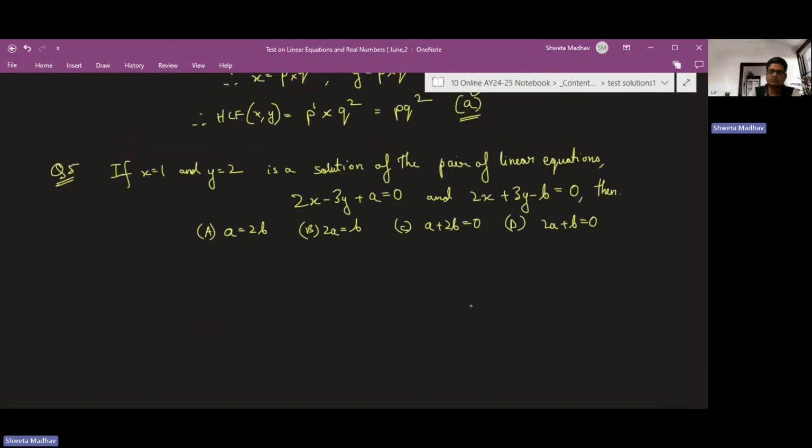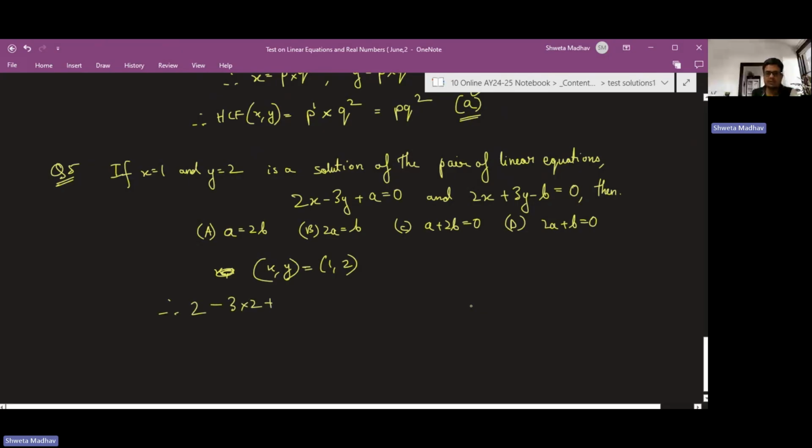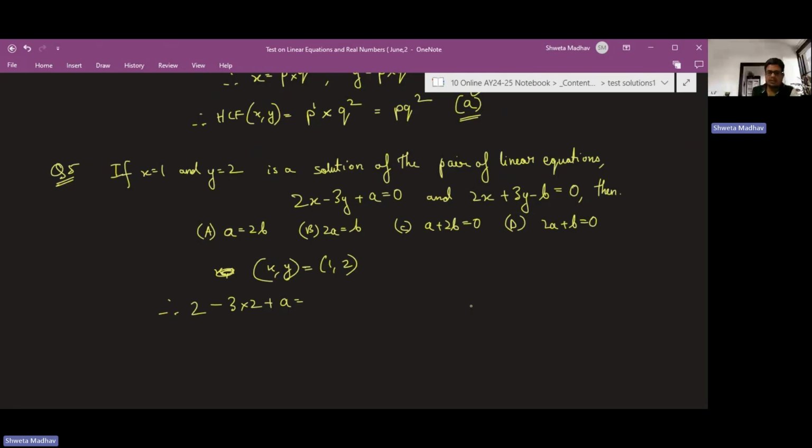Now x equal to 1 and y equal to 2 is the solution. It means x comma y, which is 1 comma 2, will satisfy both the equations. So 2 into 1, 2, minus 3 into 2 plus a equal to 0.